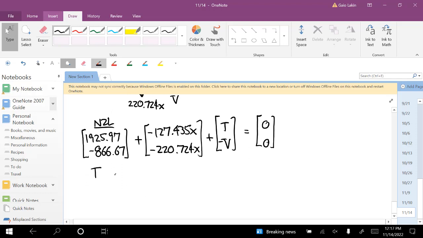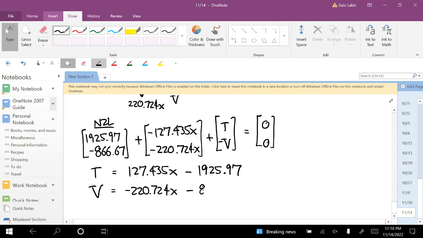And so T is equal to positive 127.435x, negative 1925.97. And V is equal to negative 220.724x minus 866.67.